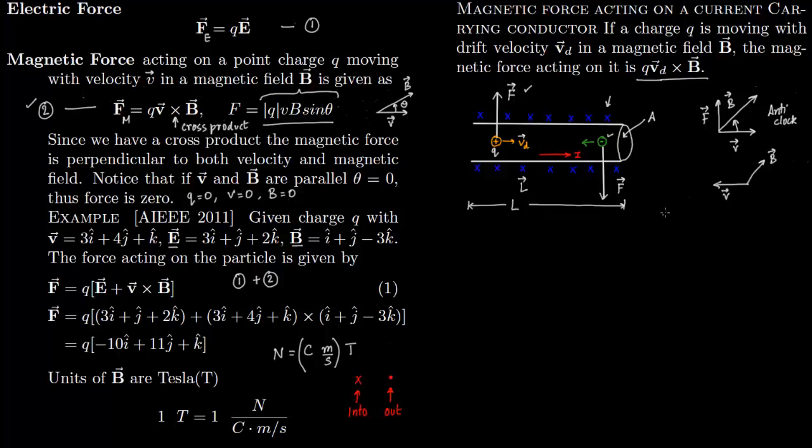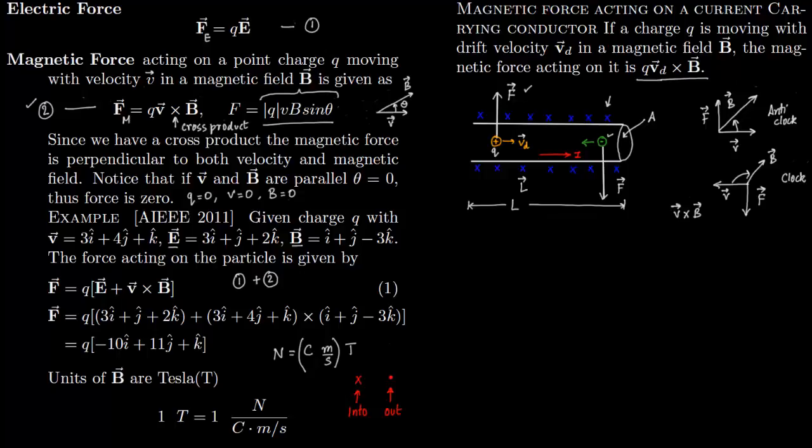Again, this is V vector cross product with B vector. So you go from V to B. Now this is clockwise, so if you have clockwise, then the force vector points downwards. So the force acting on the negative particle is downwards. This is how the wire looks like.